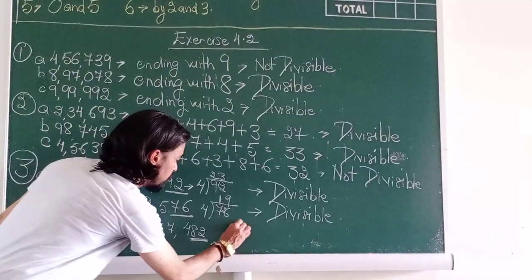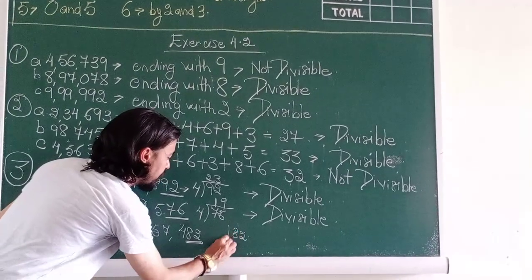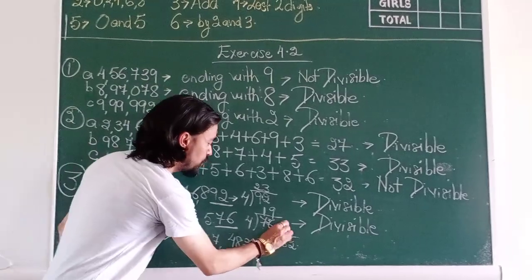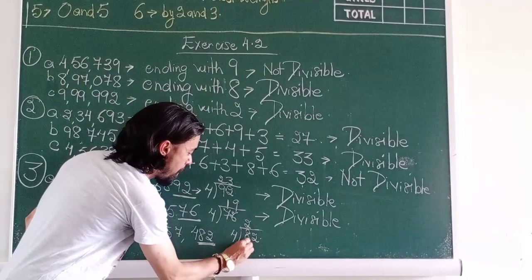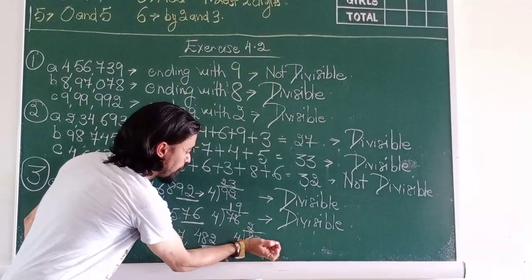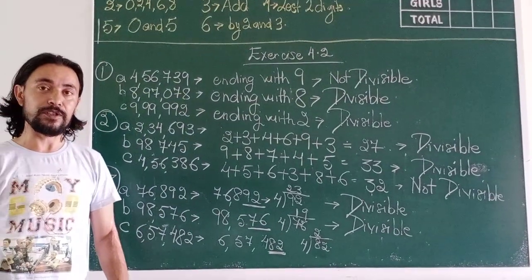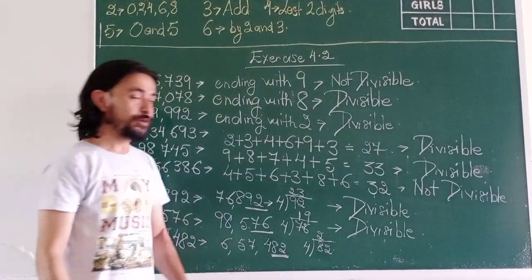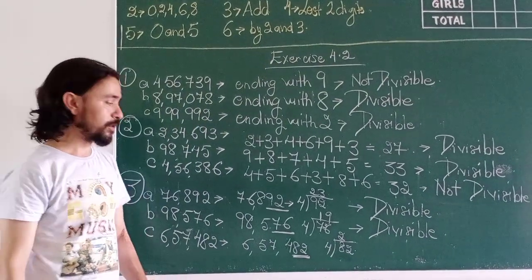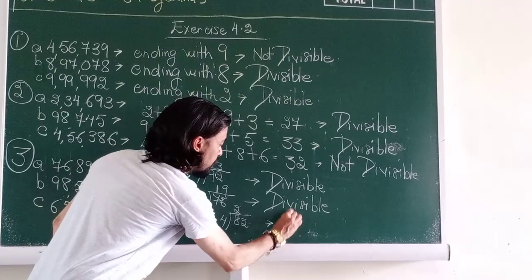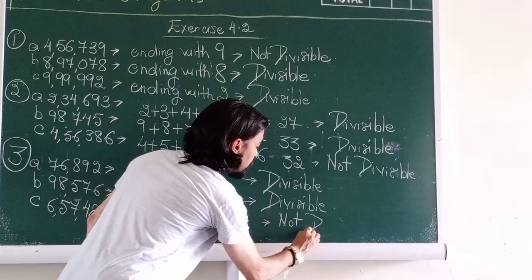So I take 82 and I divide it by 4. 4 goes into 8 2 times. Nothing is remaining, so I cannot carry anything towards the 2. Now does 4 go into 2? No, it does not go. So here, because it does not go, it is not divisible.